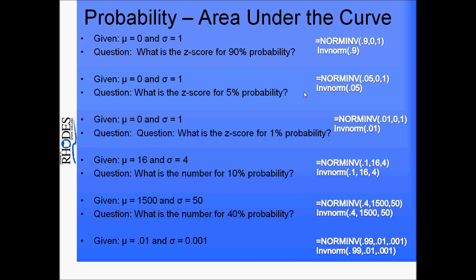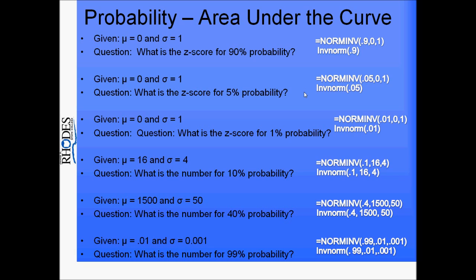Okay, last one. The mean given is 0.01, standard deviation of 0.001, and we want to know what number it is for 99% probability. So to do that, we just type in inverse norm of 0.99, okay, and then 0.01 for the mean, and the standard deviation is 0.001.